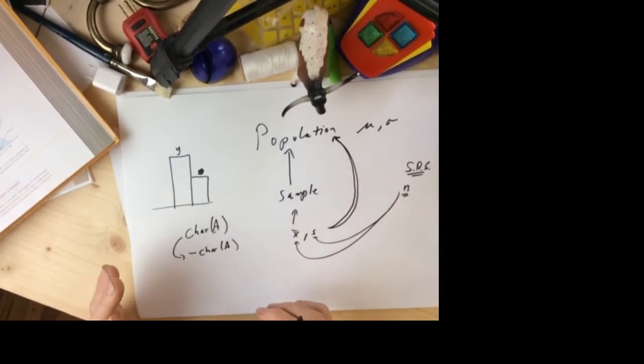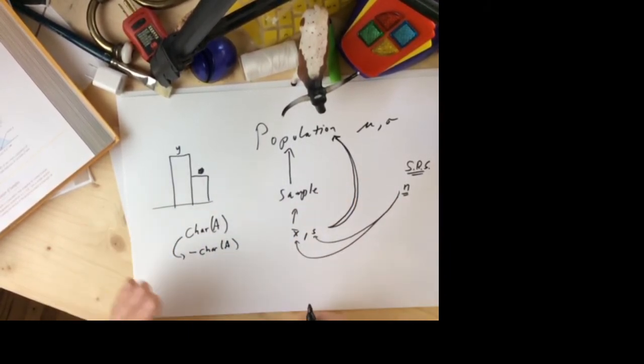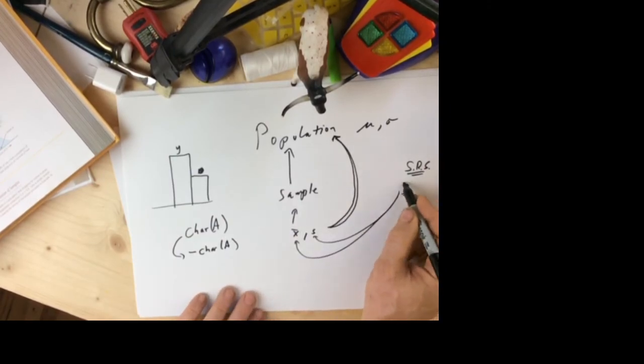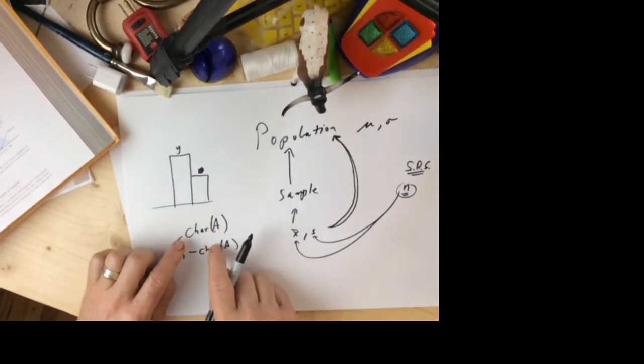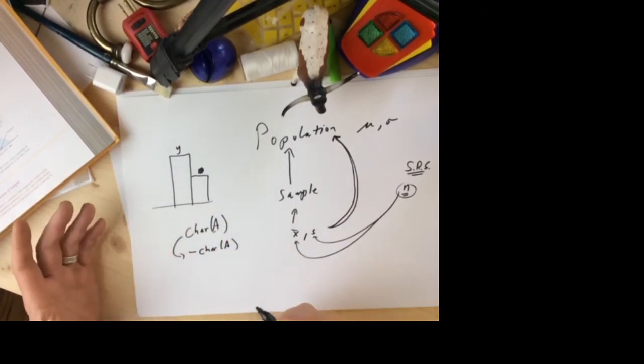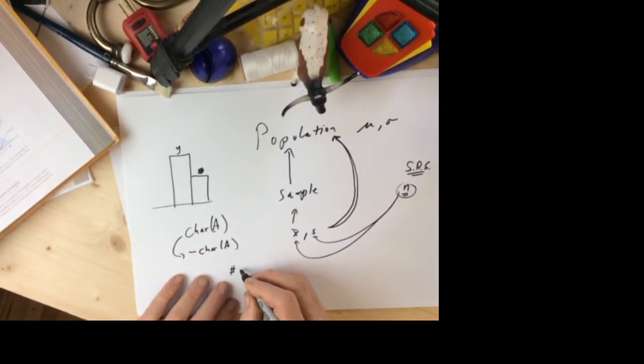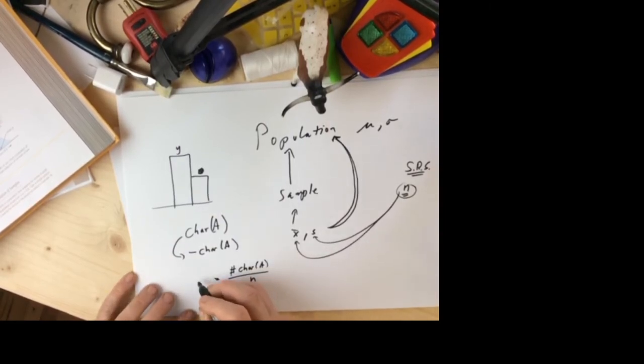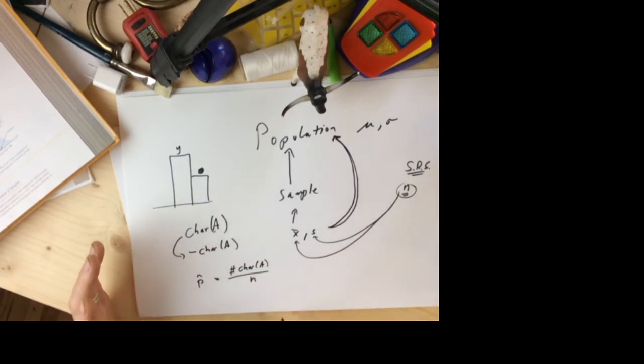So we're looking at one characteristic. When we have our sample, we have to know how many say one and say the other. We immediately calculate the number that like characteristic A over n, which we're going to call p hat. The hat indicates, like the y hat in regression, that it's an estimate of the real population.